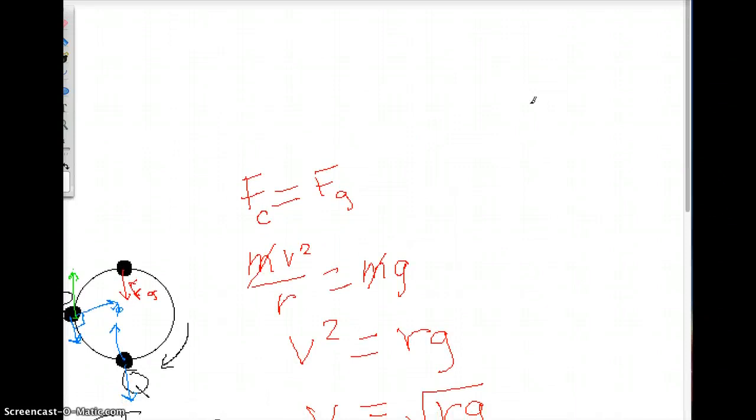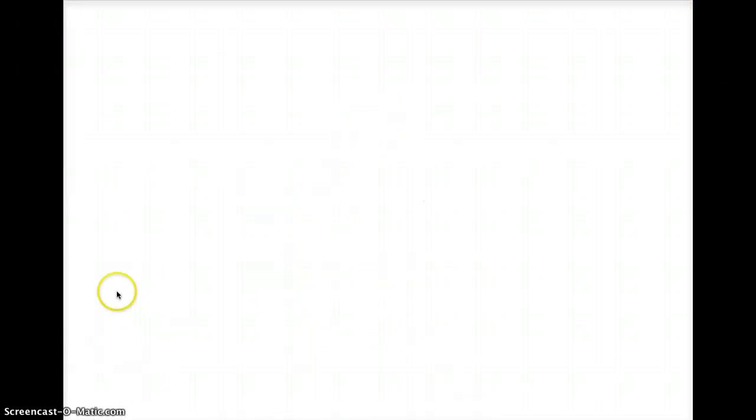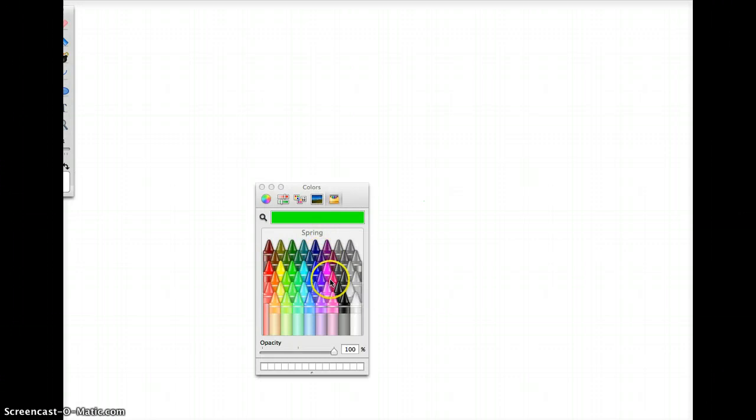So that centripetal force has a formula.